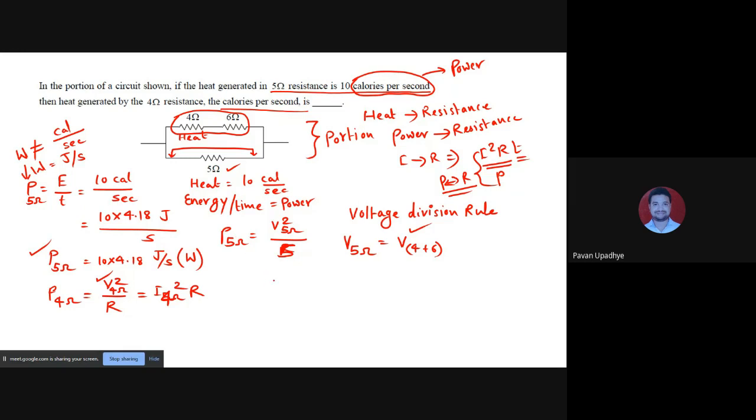It is 10 into 4.18 watt, and this is V5. So here in this case, V5 is equal to under root of 5 into 10 into 4.18. Yes, we have got this.